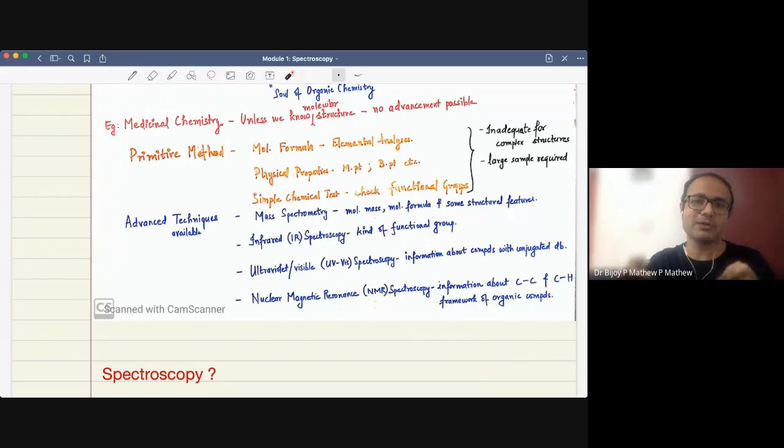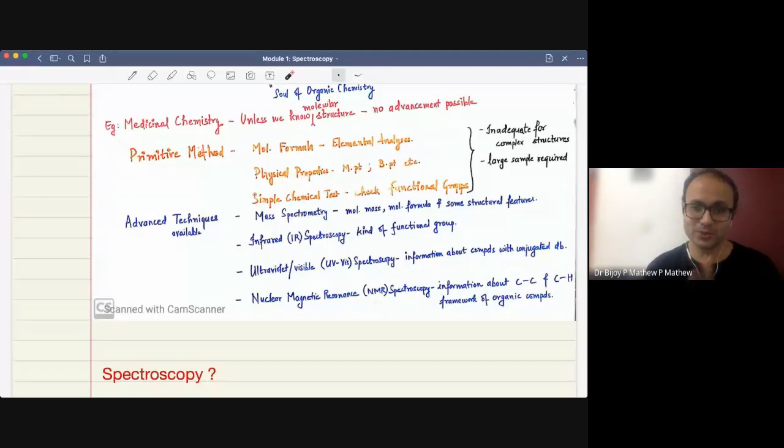That is the power of spectroscopy that you have in your hand. Once you understand this technique, wherever you go in your research, when you develop new compounds, you can just measure the spectrum of the unknown sample you have prepared and very quickly determine its structure.